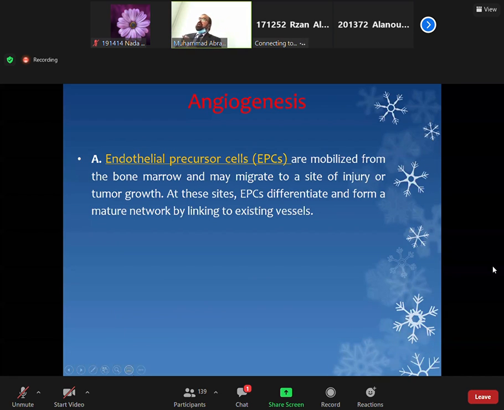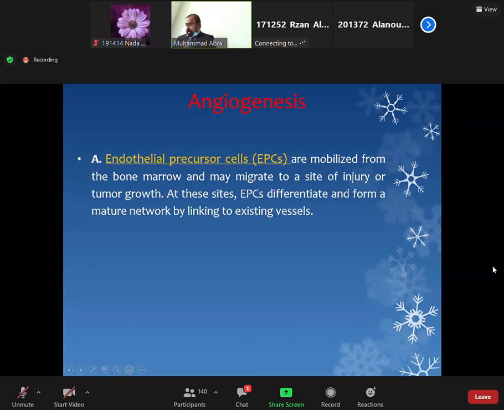Initially there is no blood vessel, and you need blood to nourish that area. So the endothelial precursor cells move from the bone marrow through the blood vessel, enter the area where blood is needed, and then start proliferating and making newly formed blood vessels.